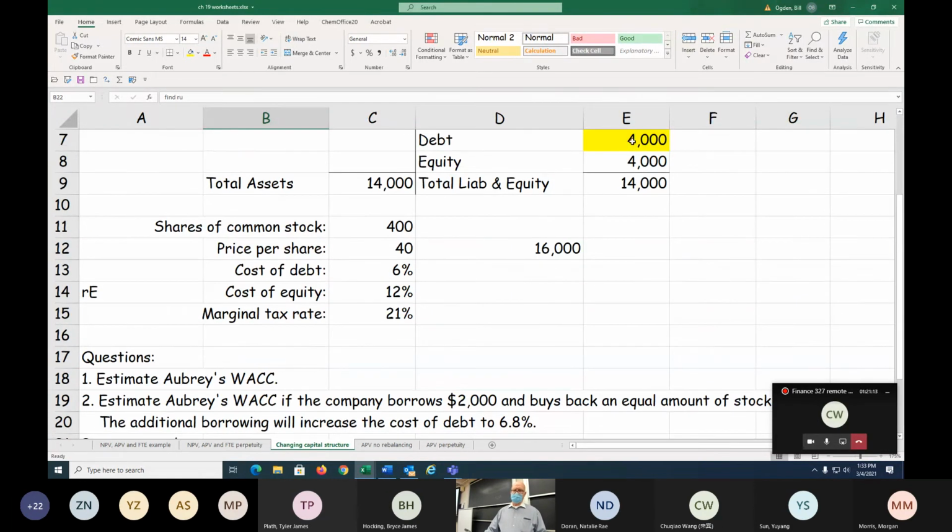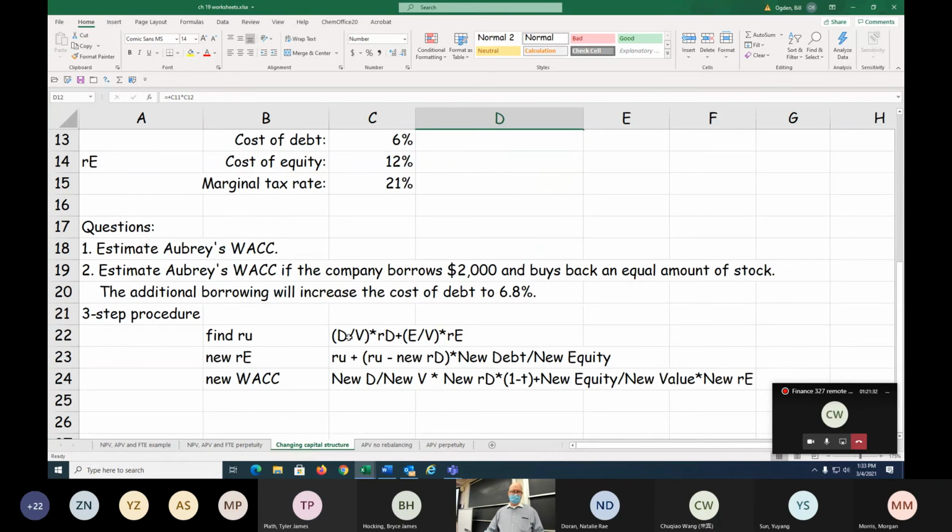I have 4,000 in debt. I have 16,000 equity. So what's my debt to value? 4,000 divided by 20,000, isn't it? Don't you have a total capital of 20,000? These are the existing numbers, so you use current numbers.